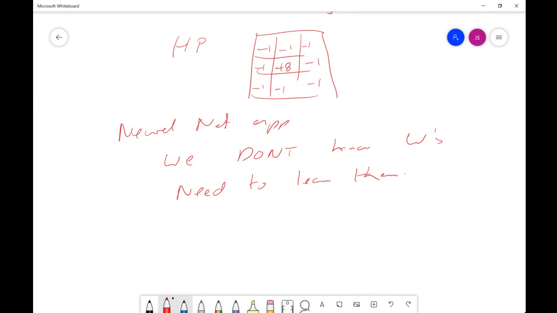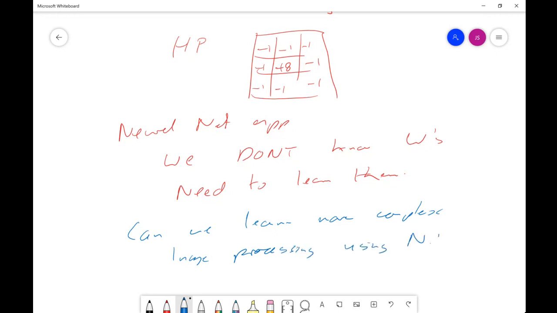Can we learn image processing functions? And that is quite an interesting area of research at the moment. Okay, I'll leave you with that thought.